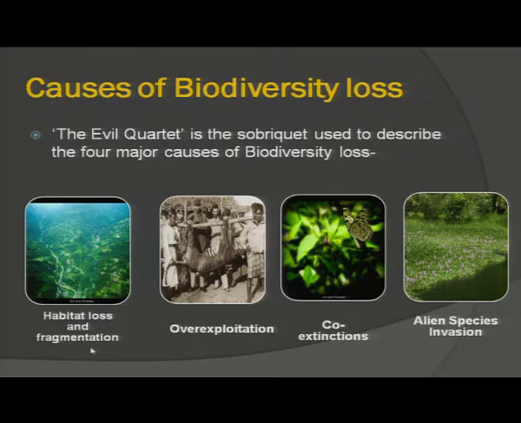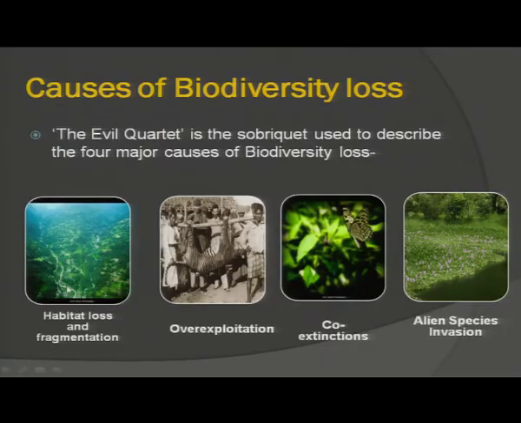Habitat loss and fragmentation, as you know, habitat is the dwelling place of an organism, and by many activities such as agriculture, plantation or deforestation for establishing settlements or industries, we are actually destroying the habitat of the organism.